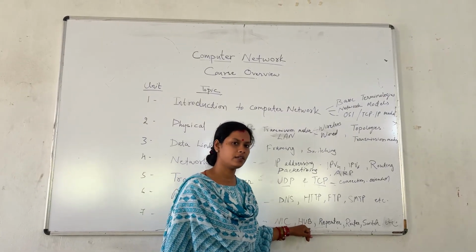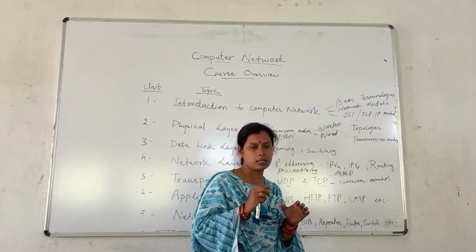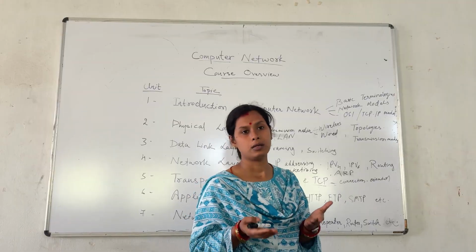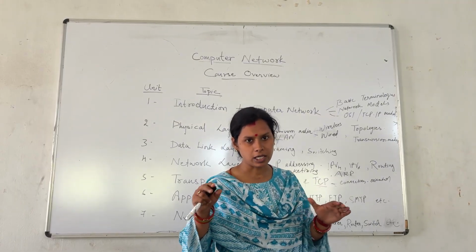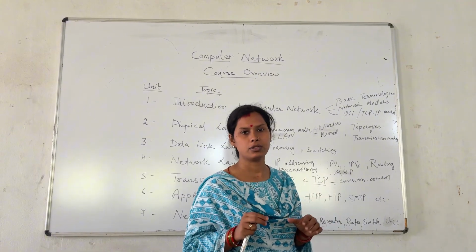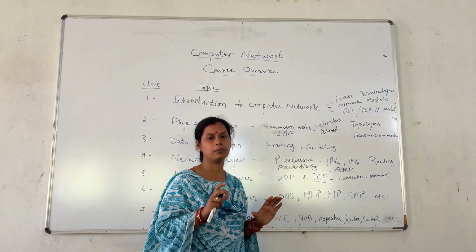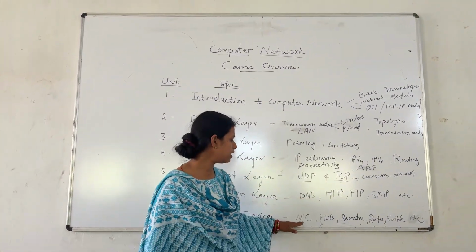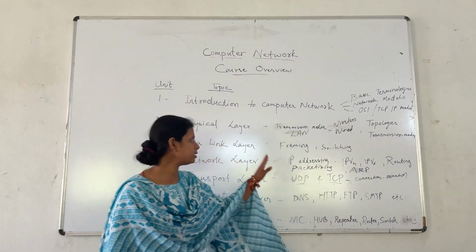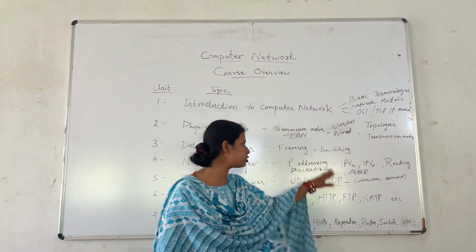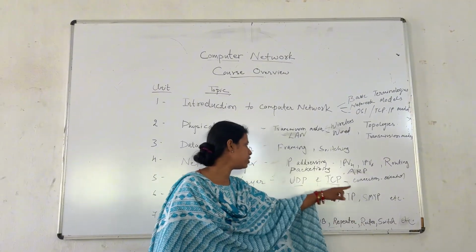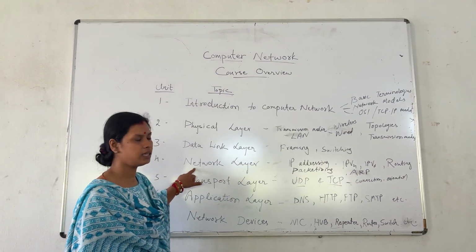Hub is a networking device which gives the advantage of multiple ports, so that multiple computers can be connected to a central networking device. NIC and hub work in the physical layer for physical connections, and so does the repeater. The router, as we have seen, does routing in the network layer.